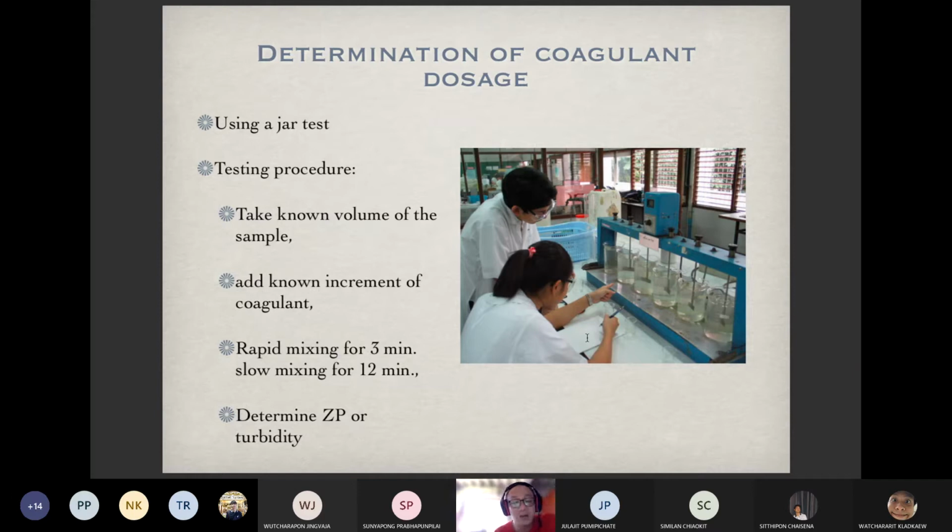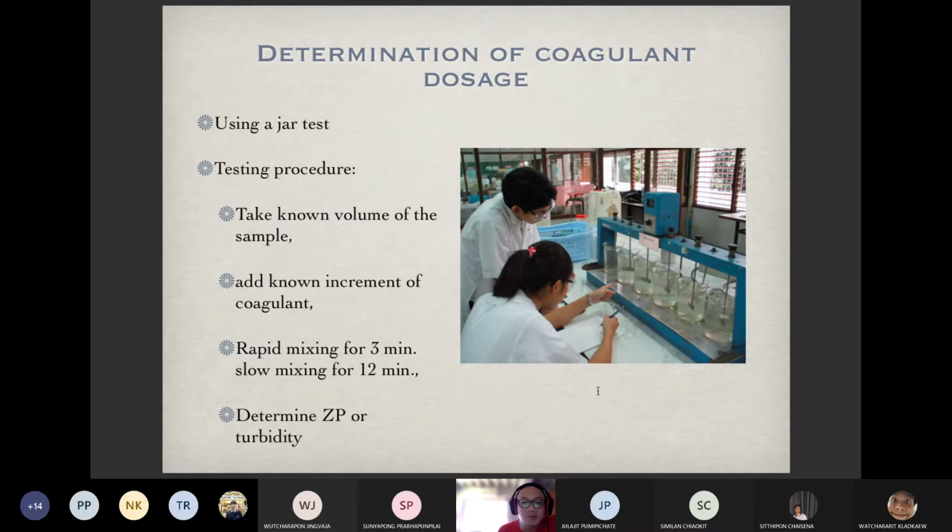So we adjust soon after we add the coagulants at the same time in these jars. There are 6 jars, so we add coagulants at the same time. Then we start mixing: 3 minutes of rapid mixing at 100 RPM, and once the rapid mixing is complete, we adjust the speed to 30 RPM for slow mixing and let it go for 12 minutes.